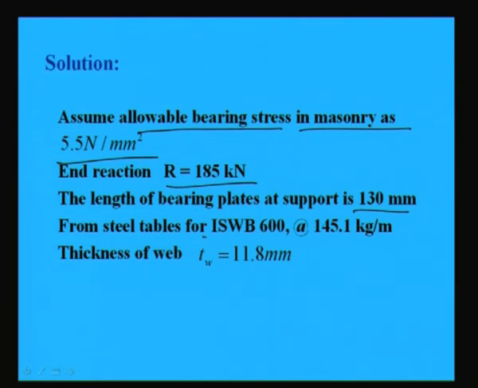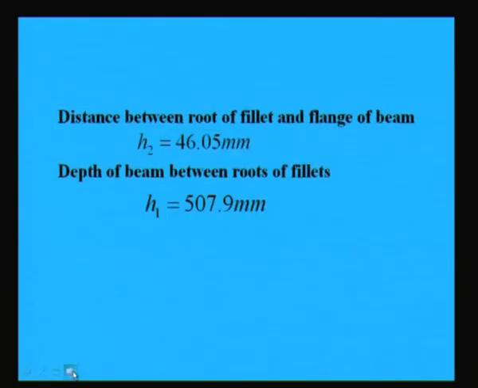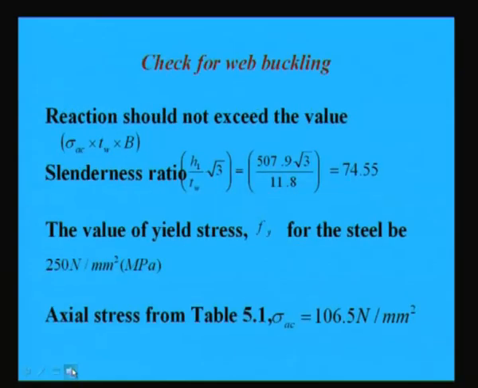For ISWB 600, from the steel table we can find out the thickness of the web as 11.8 millimeter. These are the things which are given for the section. Also given in the code is the distance between root of fillet and flange, that is H2, 46.05, and depth of beam between roots of fillet H1 is given as 507.9 millimeter, right.